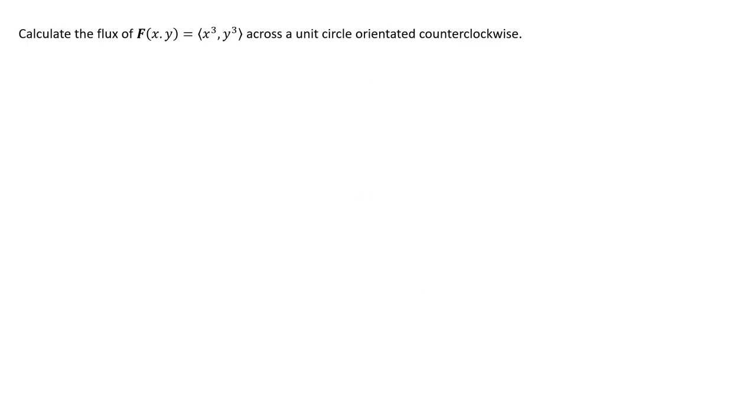All right, so let's do a flux integral. Let's see if we can compute the flux of the vector field x to the third, y to the third across a unit circle oriented counterclockwise. So for computing flux, we're finding F dot n ds. So that's the integral we're trying to find.